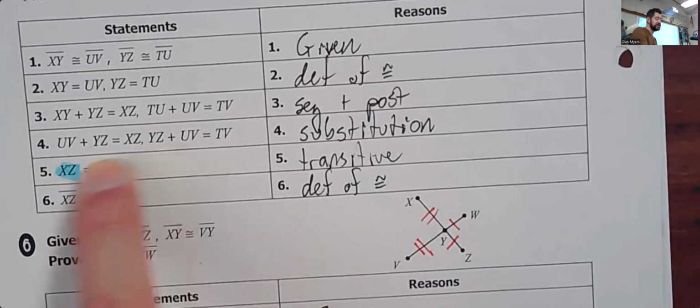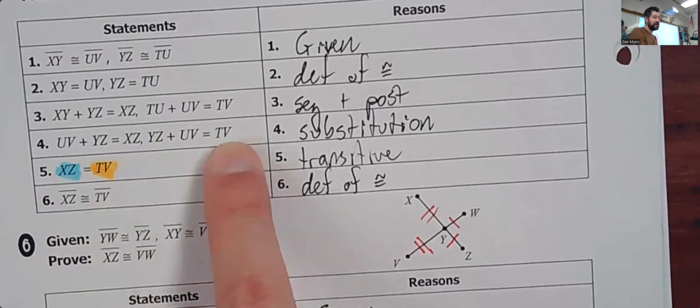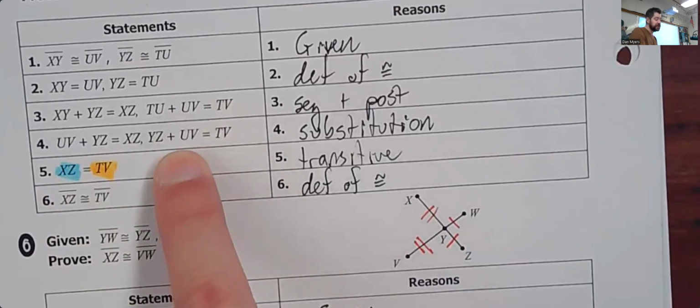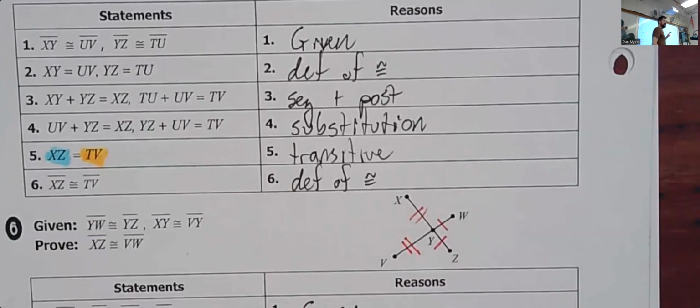XZ is equal to UV plus YZ, right? And then on the previous step, TV is also equal to YZ plus UV. Again, transitive property doesn't always have to be in the same order. For example, UV plus YZ is the same thing as YZ plus UV. Those two things are the same. They're just kind of flipped around a little bit.